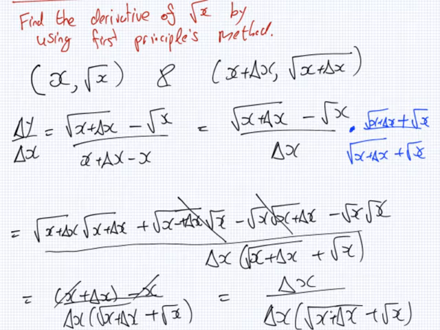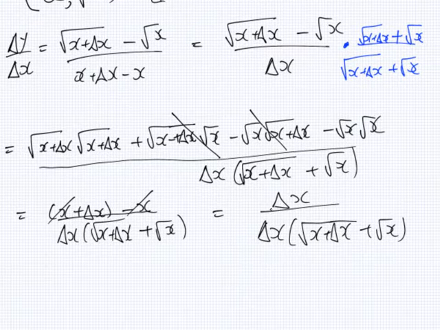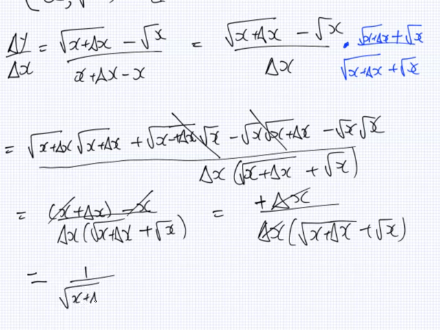Now what cancels? The delta x is cancelled. So now you're left with, sorry, is that a plus or a minus? It's a plus on the bottom. Yeah. 1 over root x plus delta x plus root x.